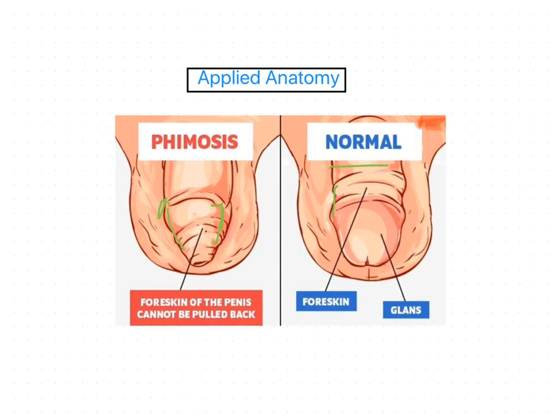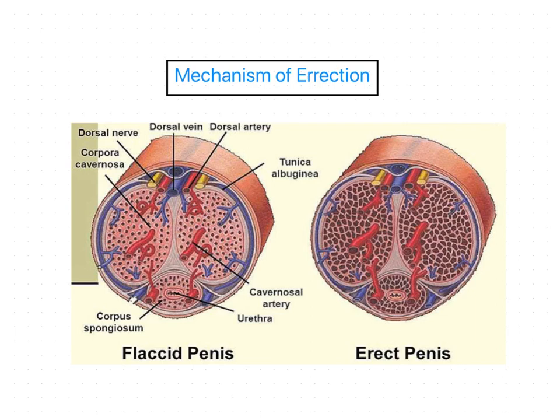So what happens during this erection? During erection, the penis becomes more than double in length and circumference. Here you can see the length is doubled, length and circumference, and it becomes rigid also.